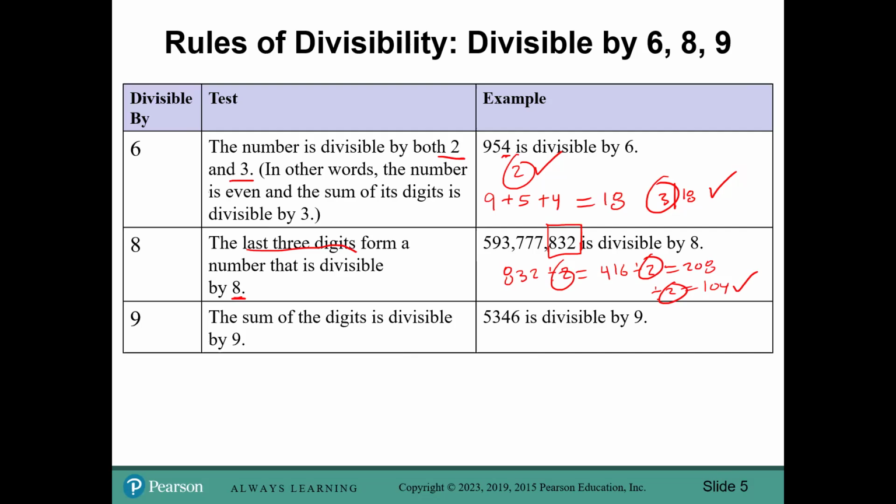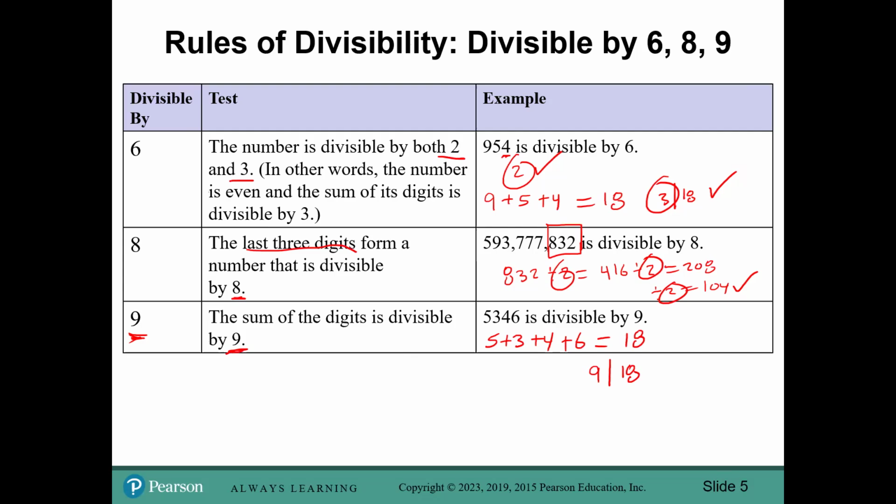Now the rule for 3 is similar to the rule for 9. You just have to check to make sure that the sum of the digits is divisible by 9 to make sure that the number itself is divisible by 9. So for example, 5 plus 3 plus 4 plus 6 is 18, and 9 divides 18. So this number is divisible by 9, right?